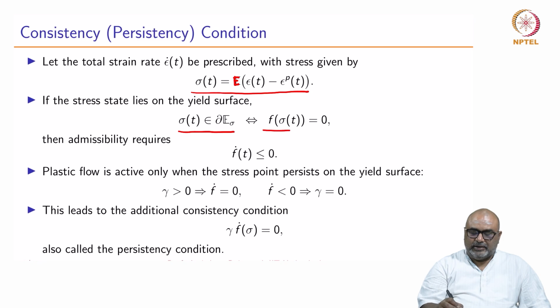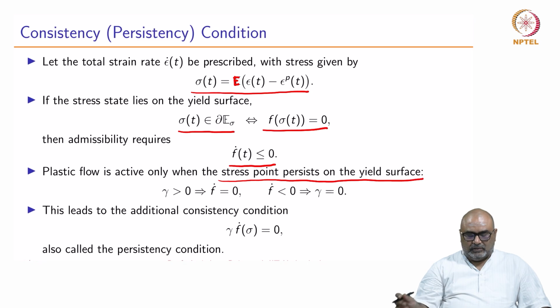This means that f of sigma of t must be equal to 0. Then the admissibility condition requires that f dot of t must be less than or equal to 0. So, the plastic flow is active only when the stress point is going to remain and persist on the yield surface. That means, for the slip to happen, the stress state should be on the yield surface, and the change in f should happen on the yield surface.